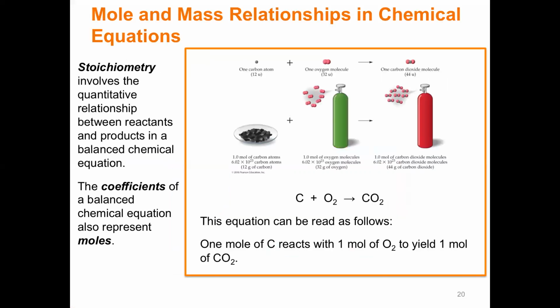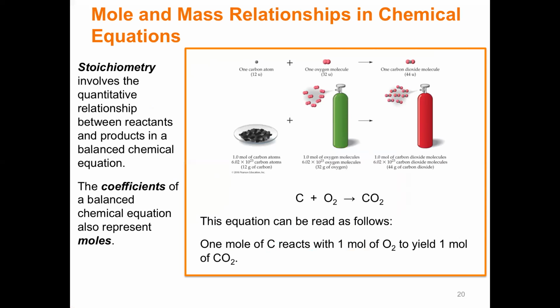Okay, so now let's go back to our idea of looking at our chemical equations. So when we are balancing these chemical equations and we're looking at our atoms, okay, it's very difficult to imagine one atom of carbon and one molecule of oxygen reacting. We can't see that. And what I'm hoping you've gathered now is that when we're dealing with it at the atom or molecule level, we're actually dealing with the same ratio when we're dealing with moles.